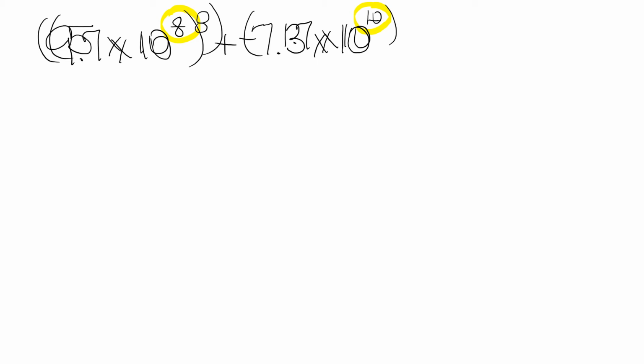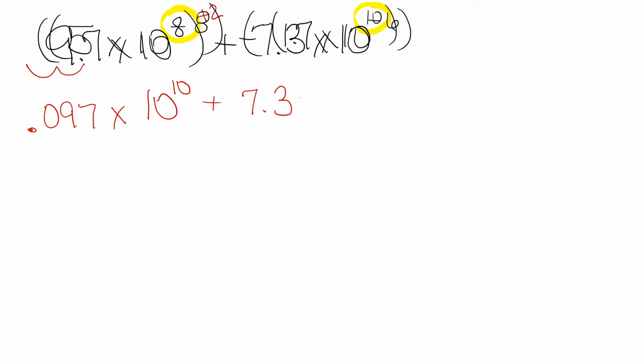My largest exponent is 10, so I want to add 2 to this 8 exponent so that I can have an exponent of 10. I added to the exponent, so I need to move my decimal forward 2 places. So this would be 0.097 times 10 to the power of 10, plus my second problem didn't change.